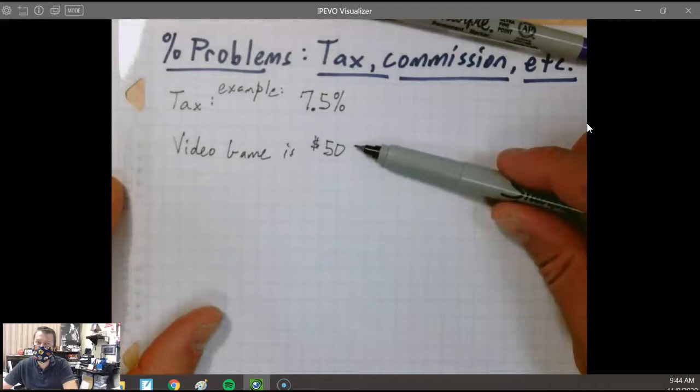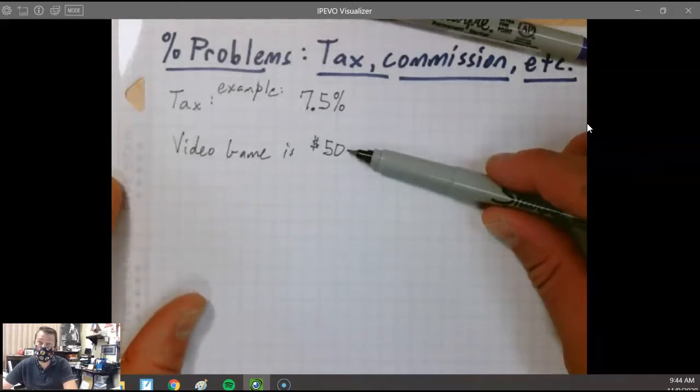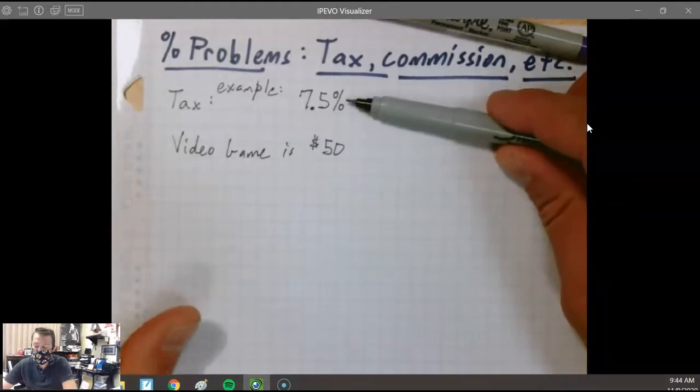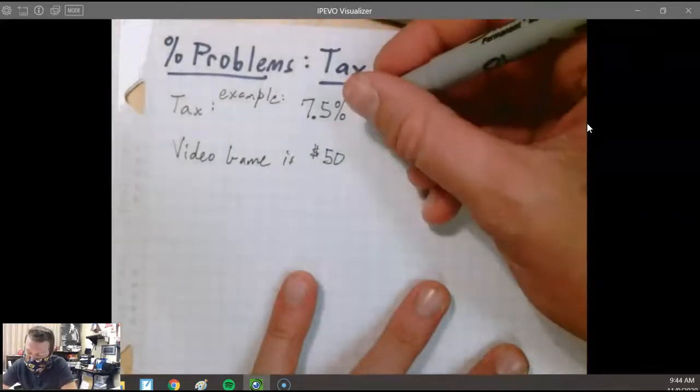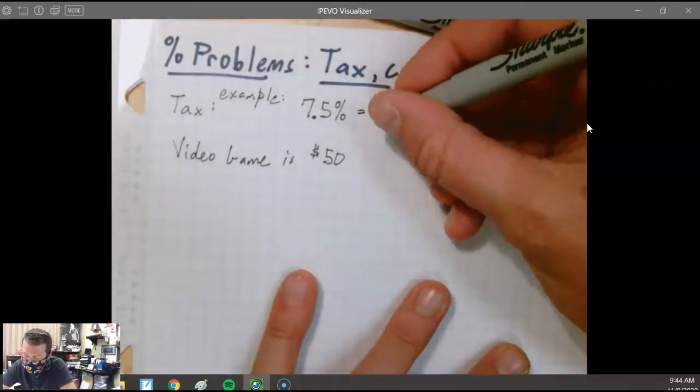$50 may not be that easy to work with, but it can easily be turned into 100, right? And we said 7.5%. What does percent mean? Out of 100 or per 100.